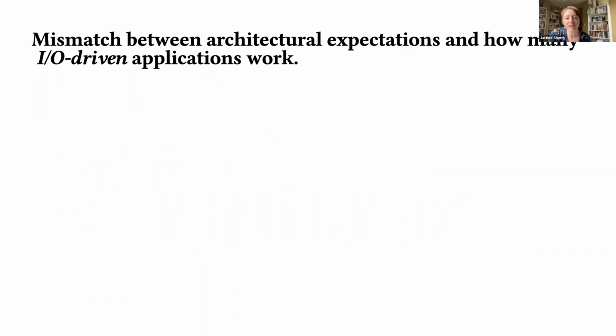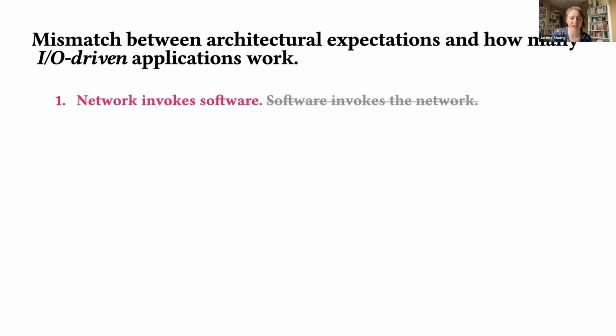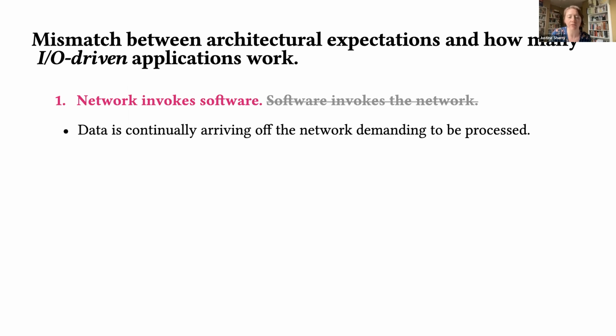Yet in the network functions I referenced, and in a class of applications that I'm about to talk more about called I/O-driven applications, data is continually arriving off the network and demanding to be processed. Every arriving packet is implicitly a demand to invoke functionality. Modern applications may also involve multiple compute platforms, a GPU, disk, or accelerators.